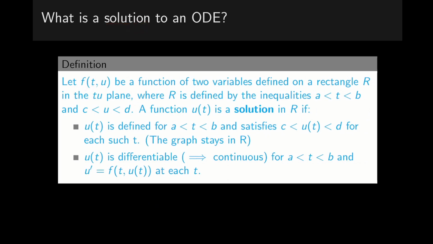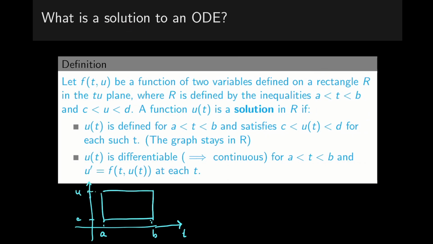Well, if f of t and u is a function of two variables defined on a rectangle R, meaning, right, you've got a tu axis, and I've got some box here that goes from a to b on the t-axis, and from c to d on the u-axis. Here's my rectangle R. I've got some region.